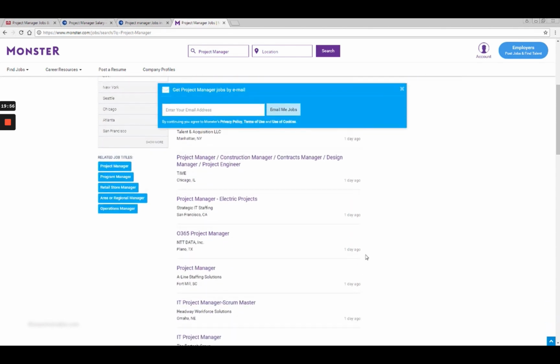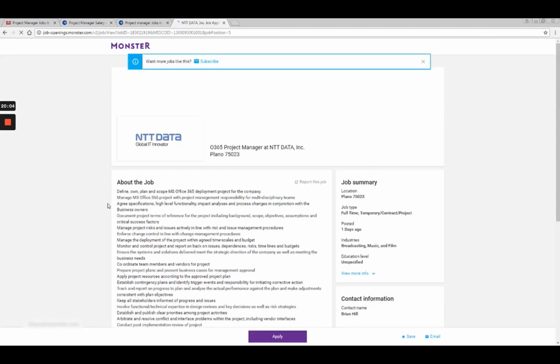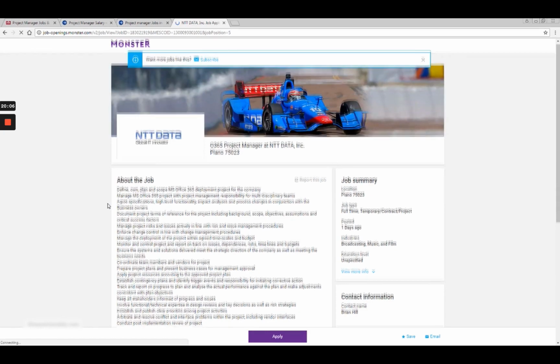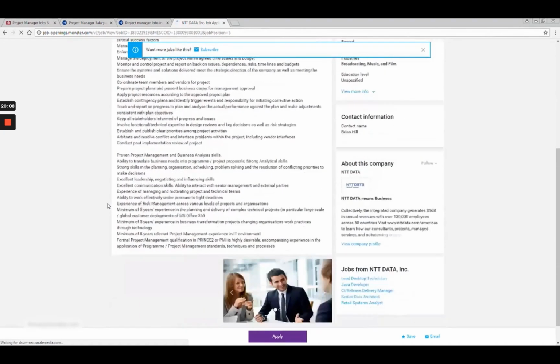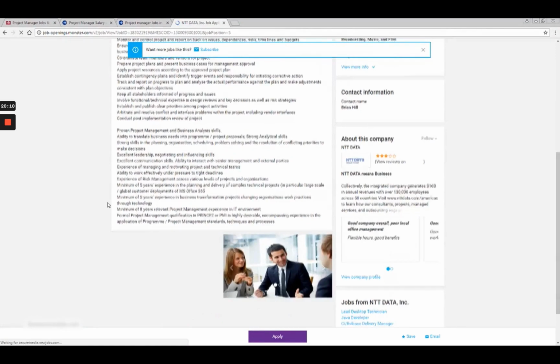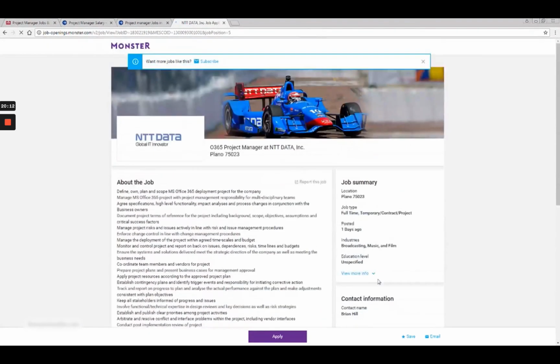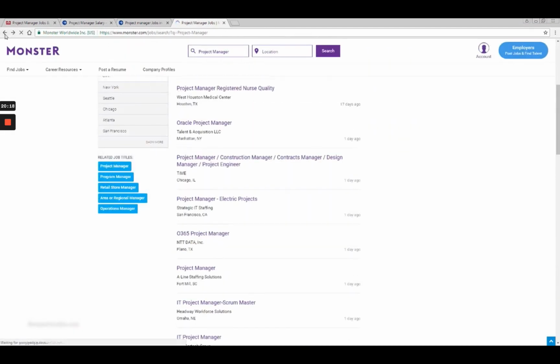Let's go to this one. I don't know, Office 365 project manager. Let's see what it says. Okay, let me see if it says anything about the salary. You don't see a lot of information about the salary in this one. Like I said before, some companies just don't disclose how much they're willing to pay you until you've gone through interviews and stuff like that.